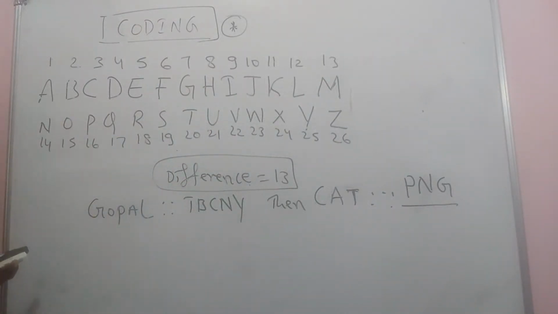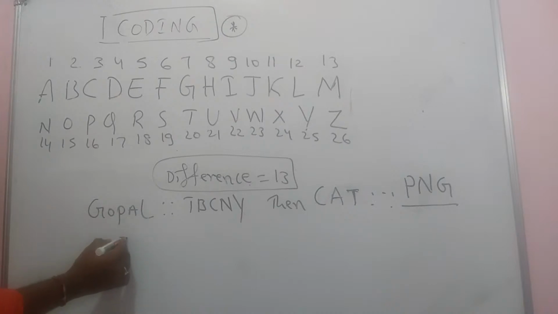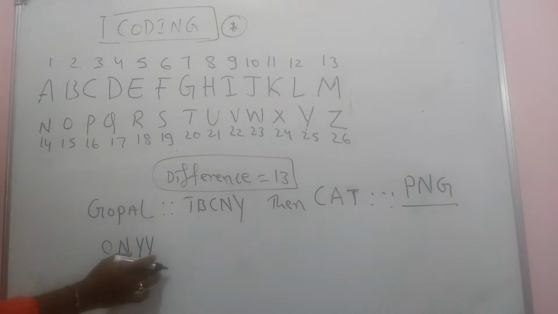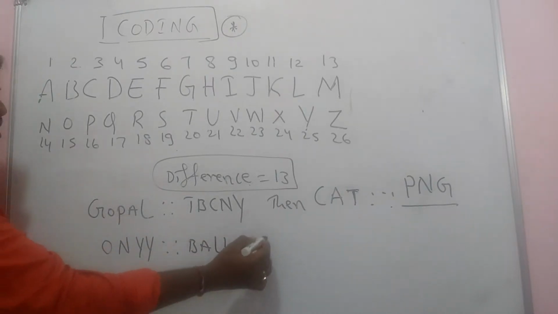Suppose in these corresponding letters, now I am taking one more. O, N, Y, Y is coded as BALL.